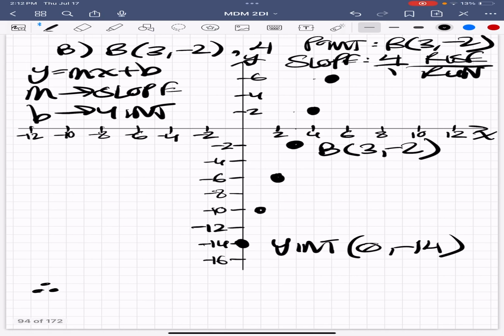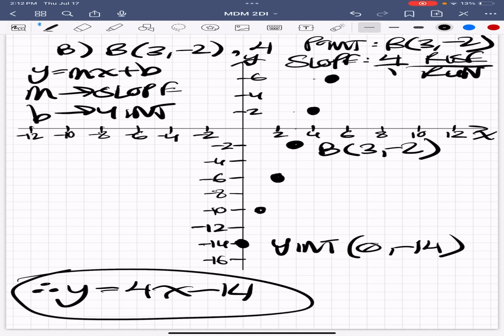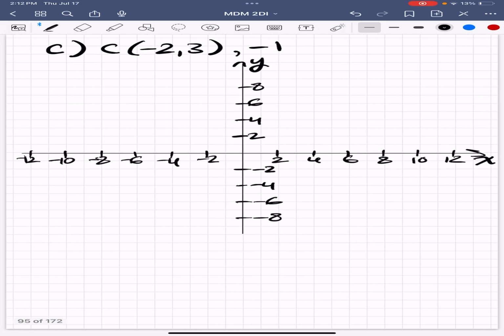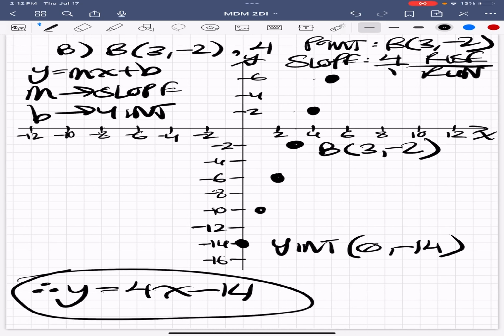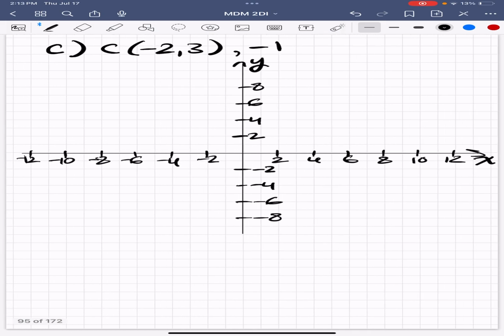So then we have y equals 4x minus 14. Moving on. Oh, sorry. And a big line. And that's our line as well. Moving on.